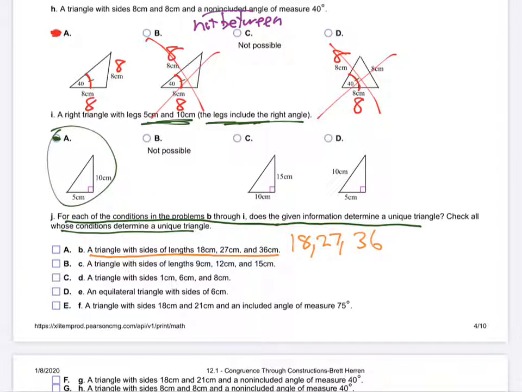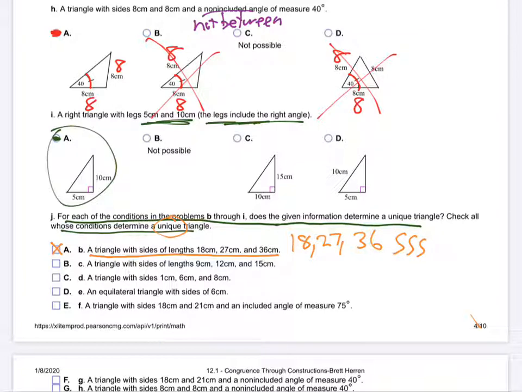And how do we know they would have to be the same triangle? By side, side, side, right? Because if two triangles have the same 3 sides, they are identical. There's only one way to make a triangle out of 3 sides. So yes, we'll click that box. They're saying how many of these is unique? Yeah, that's unique. There's only one way to make a triangle with sides 18, 27, 36.